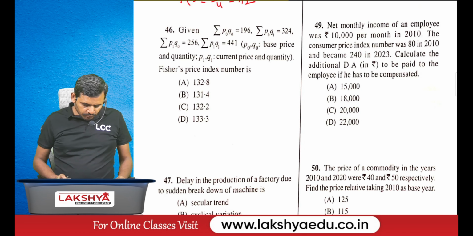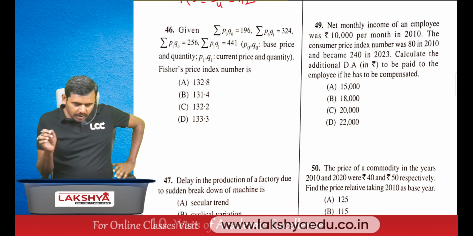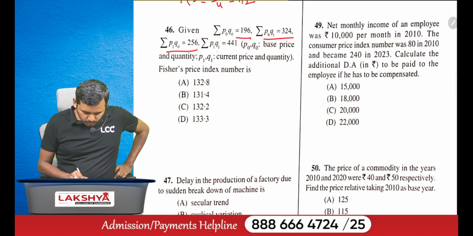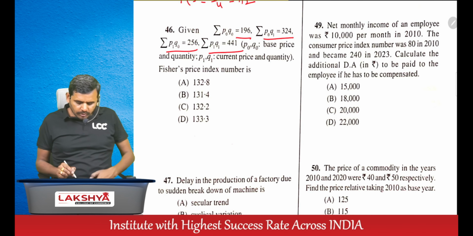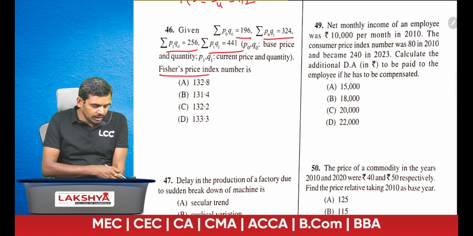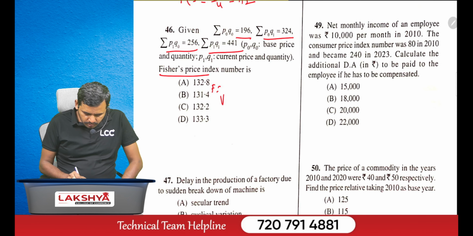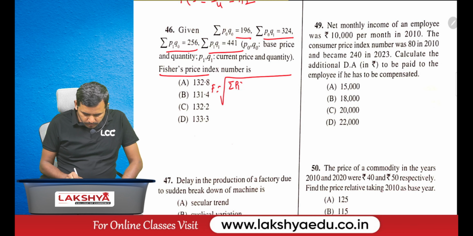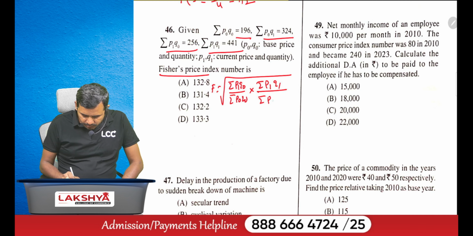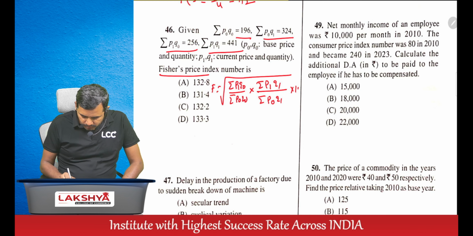Next, 46. Given sigma P0 Q0 value is 196, P0 Q1 is 324, P1 Q0 is 256, P1 Q1 is 441. They are asking to find Fisher's index. You know that Fisher's formula is equal to the square root of sigma P1 Q0 by sigma P0 Q0 into sigma P1 Q1 by sigma P0 Q1, into 100.